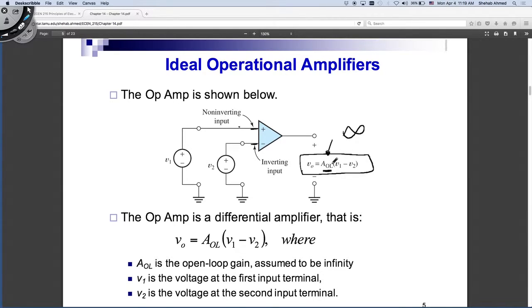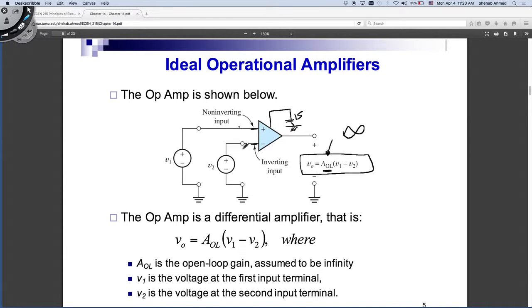Practically, of course, this very large positive number will be limited by your external power supply. Because this is powered by an external power supply that has, let's say, a maximum value of 15 volts. So anytime you have V1 greater than V2, your output will be driven by the open loop gain of the amplifier to its maximum value. Its maximum value cannot be more than the power supply that is powering it, right?